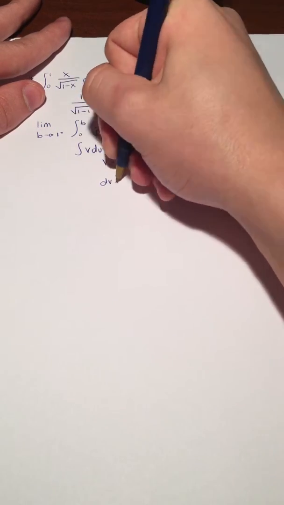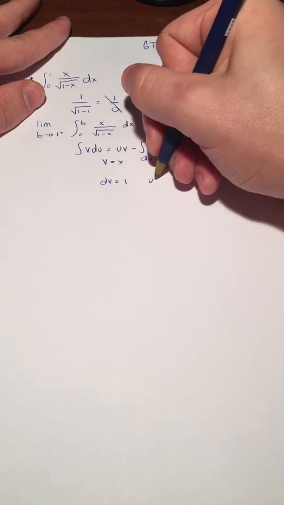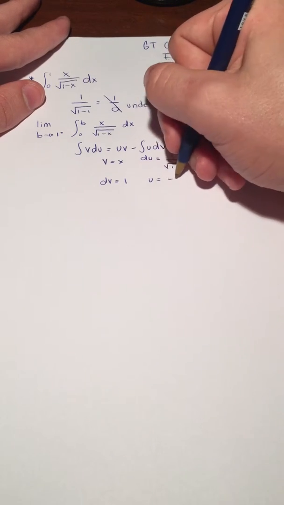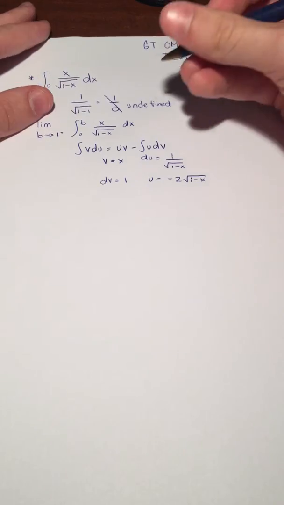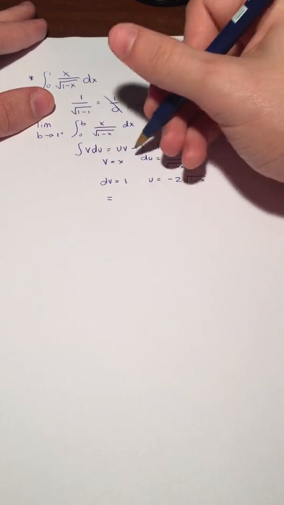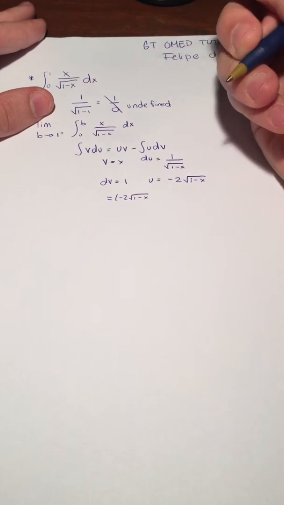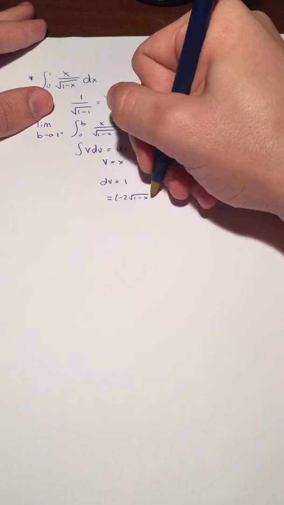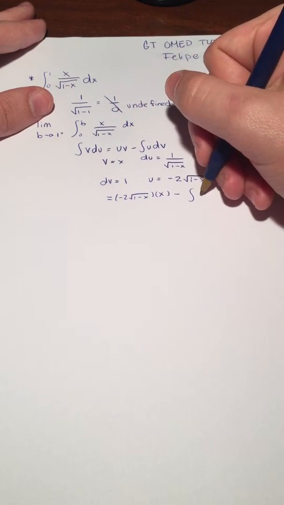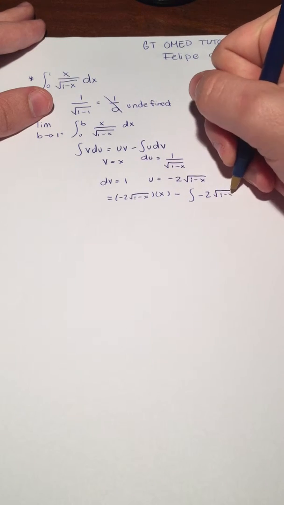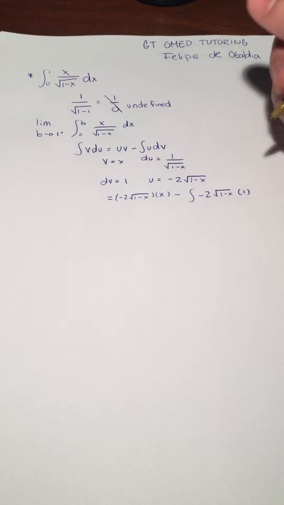We find dv, which is 1, the derivative of v, and u is gonna be the integral of du, which is minus 2 square root of 1 minus x. So now we can plug in uv, times x, which is v, minus the integral of minus 2 square root of 1 minus x times 1, which is dv.